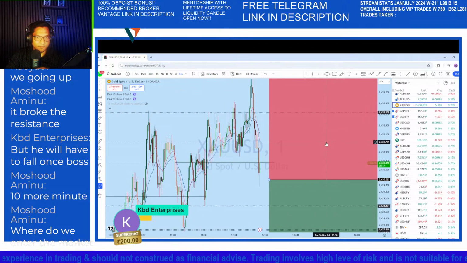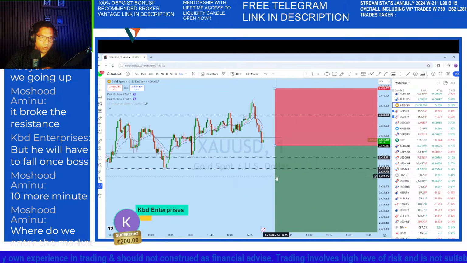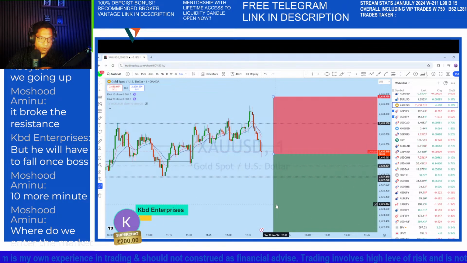bouncing back up again. Okay, so forming a long wick candle. All right, so it might now break below.